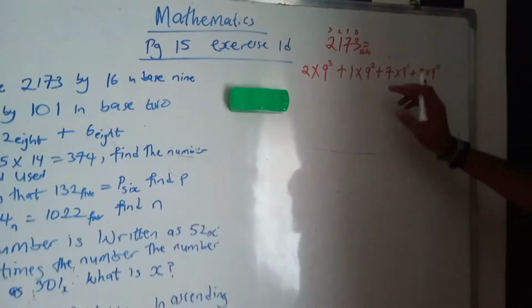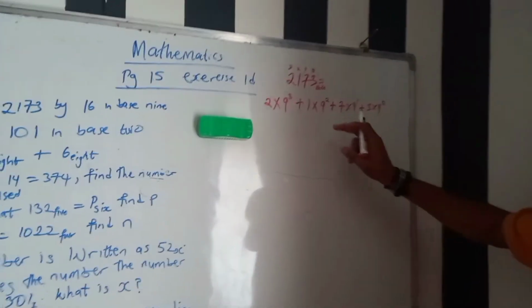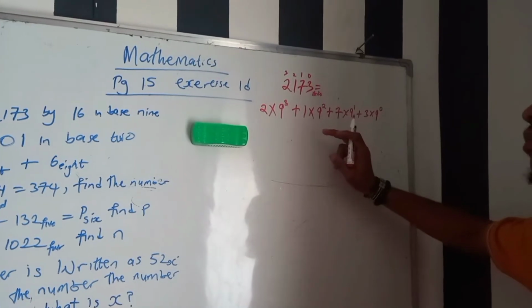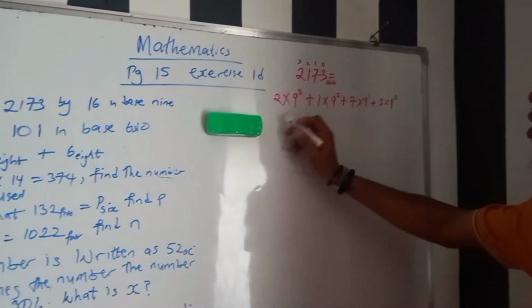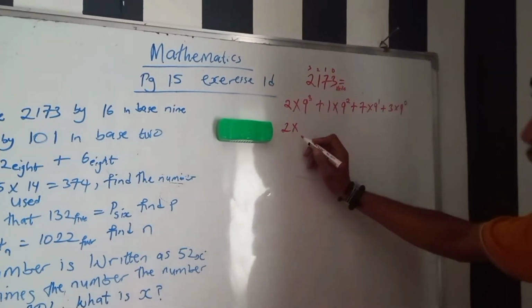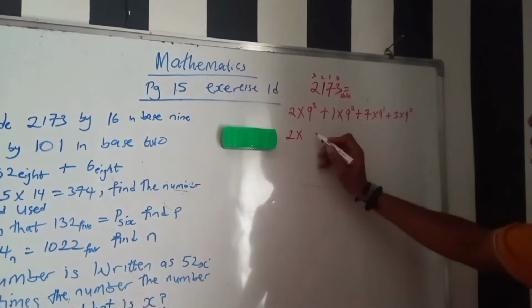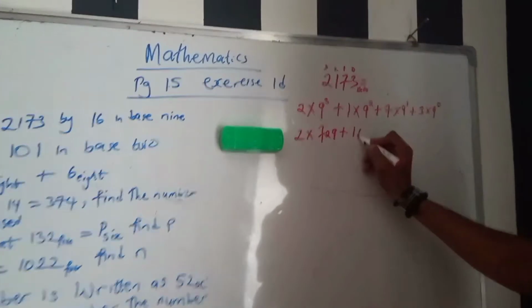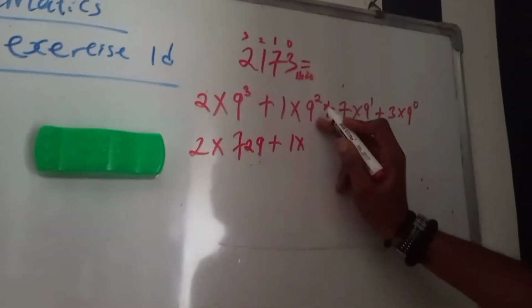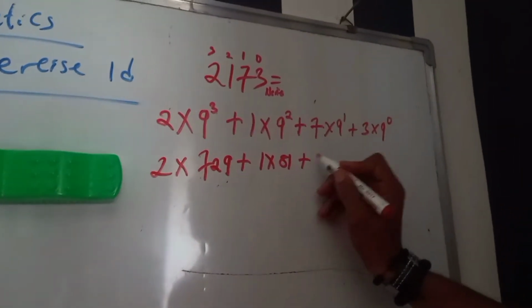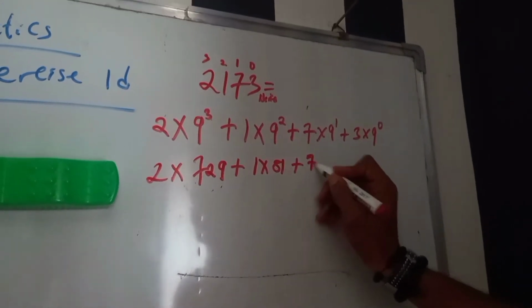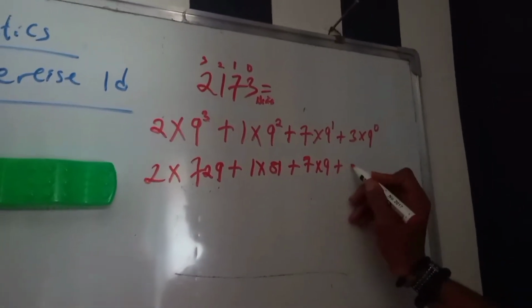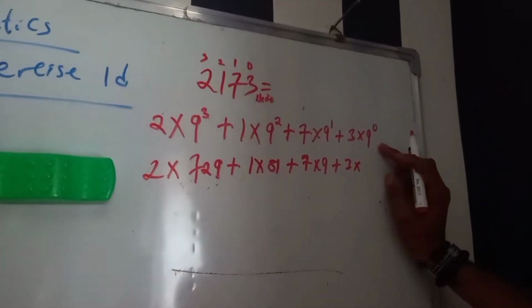As you can see now, I have expanded this number in the expansion method. So 2 times 9 to the power 3 means 729, plus 1 times 9 squared means 81, plus 7 times 9, plus 3 times, because anything to the power 0 is 1.